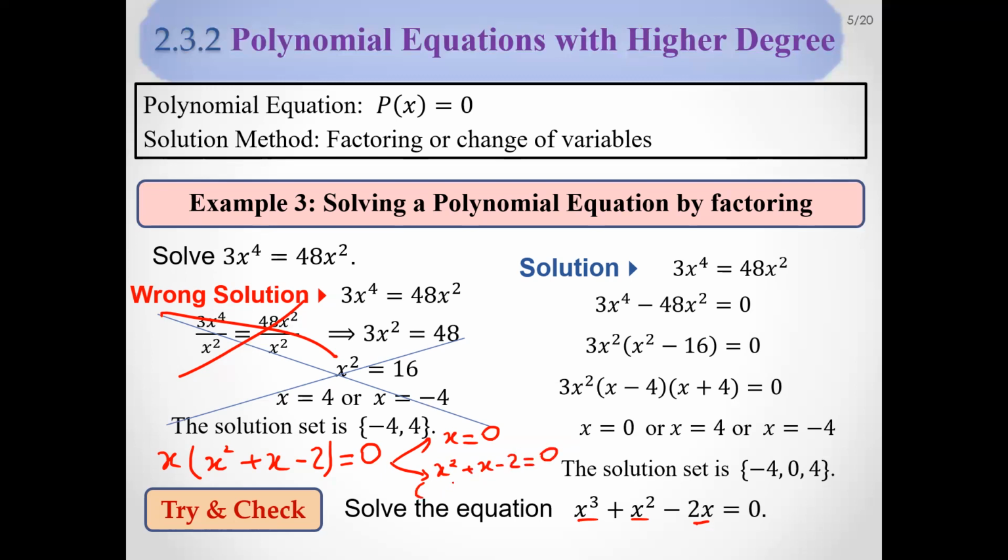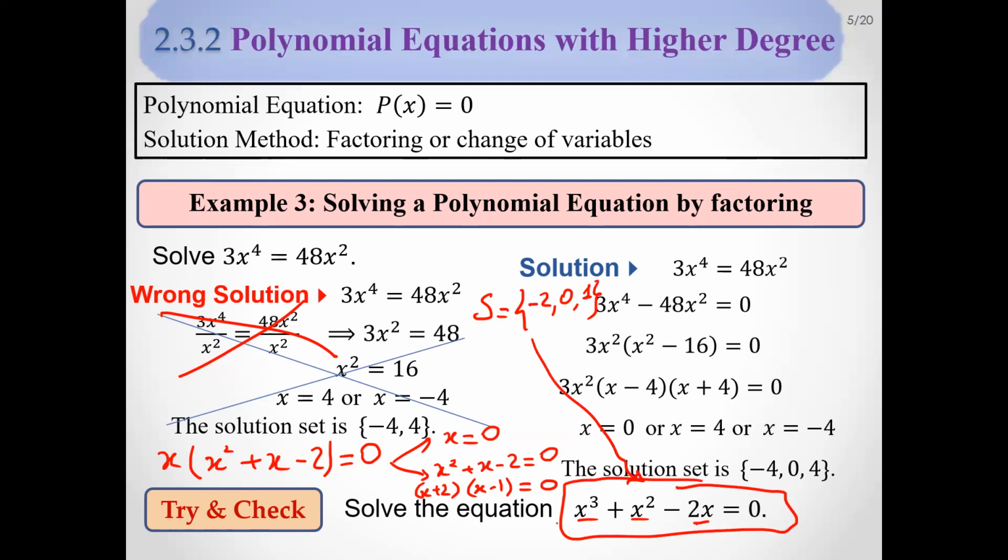We factor again this polynomial. So it's x plus 2 times x minus 1 equals 0. And we get the solution set minus 2, 0, and 1 for this equation. Okay, so this is using factoring.